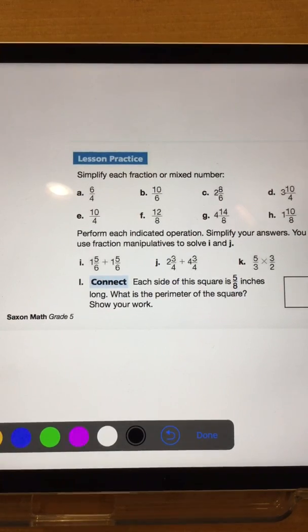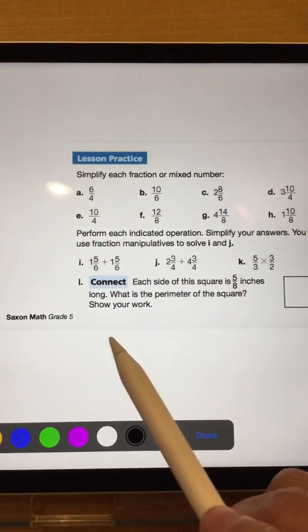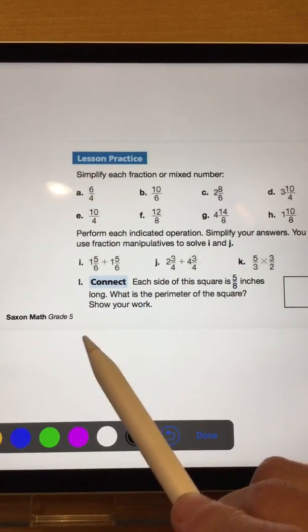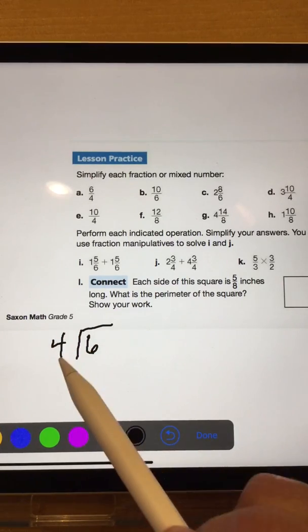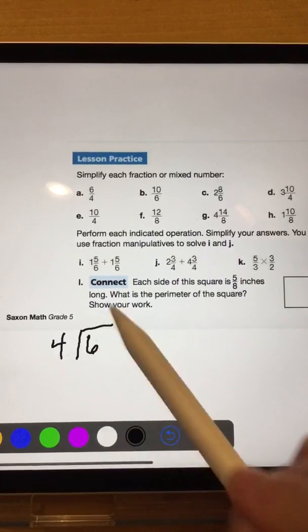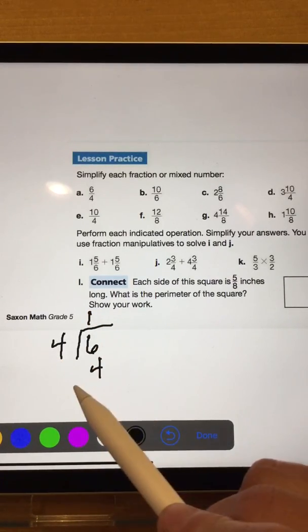All right, here we are at lesson practice. We have 6/4. We are going to divide the 6 by 4. I feel like we did that recently. So 4 goes into 6 once. 4 times 1 is 4.